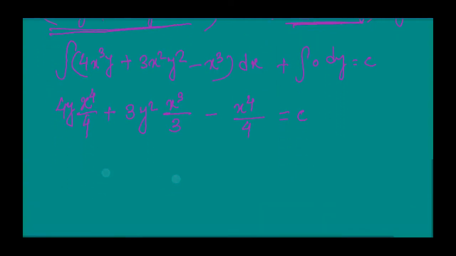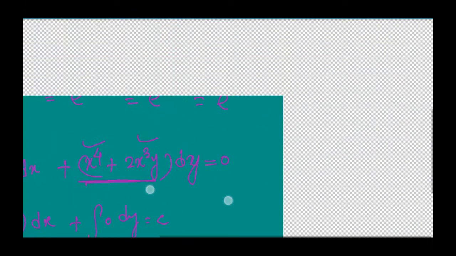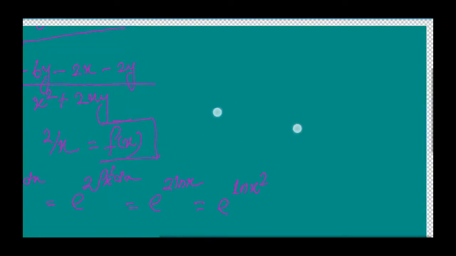And what will it be? x⁴y + x³y² − x⁴/4 = c. This is the solution, and I have told what the conditions are for this integrating factor.